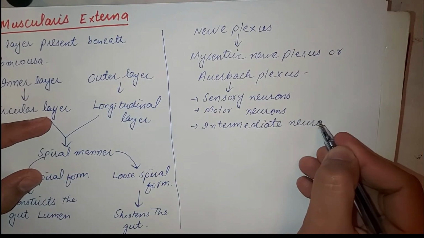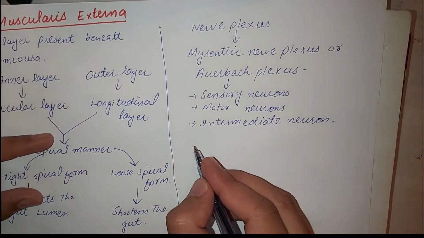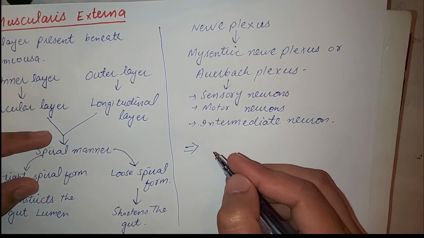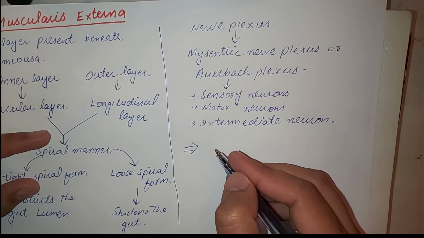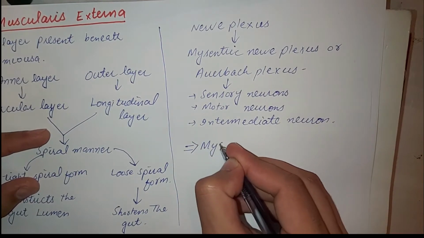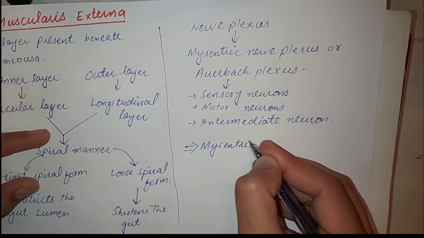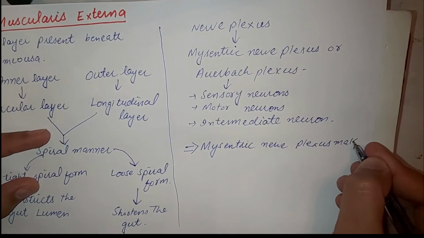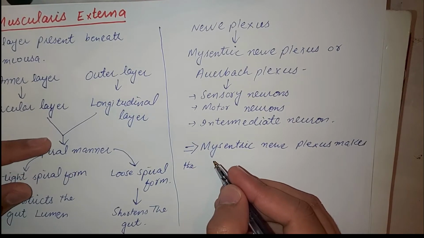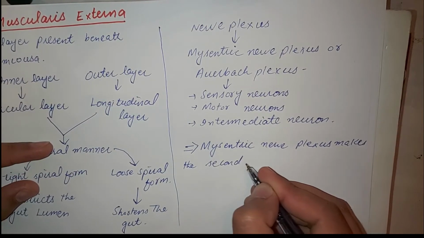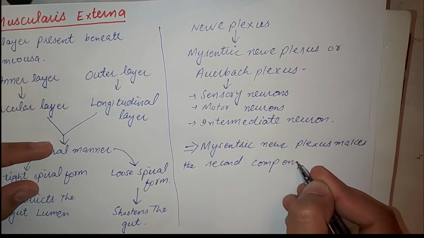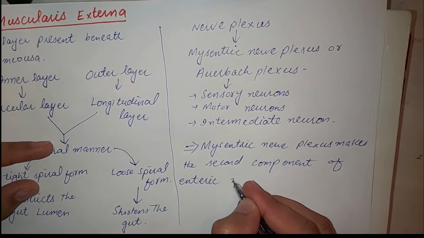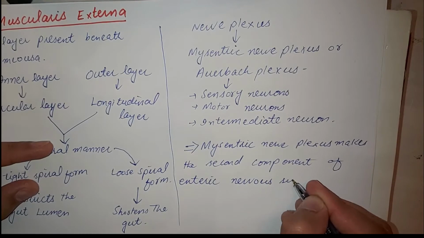The mesenteric nerve plexus makes the second component of the enteric nervous system.